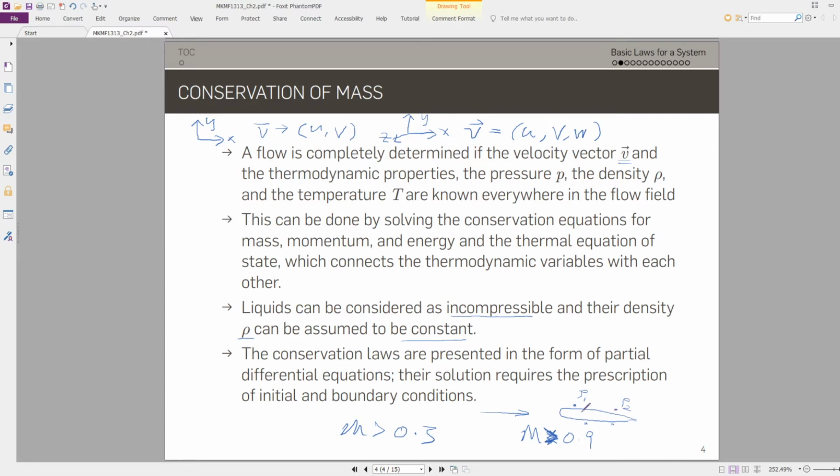So this is maybe due to the compressibility effects. There may be shock waves that appear in between the 2 points where we do the measurements on the wings.